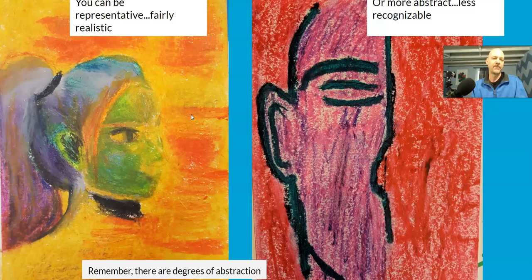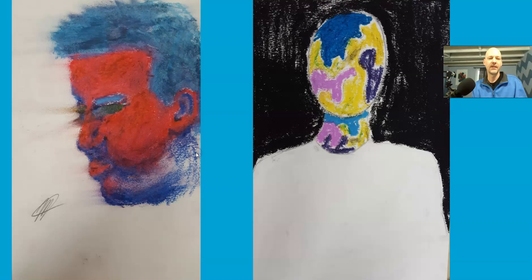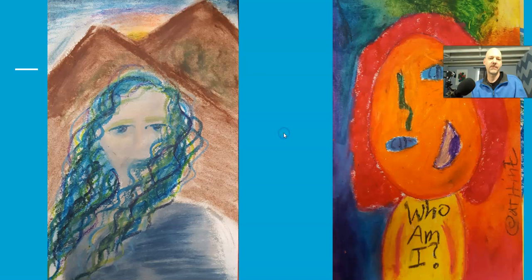This person, I think, has a lot of passion. There's green in them. That could mean maybe they're into the natural world. There's purple, which is associated with mystery. So there's lots of different ways you can do this. Kind of have fun with it.